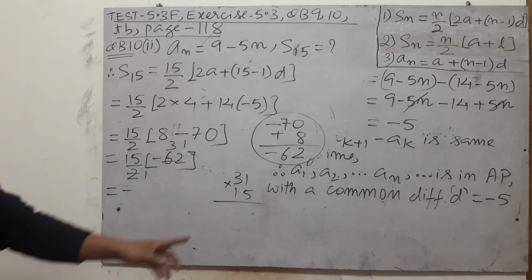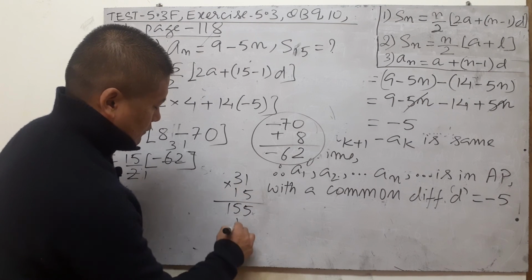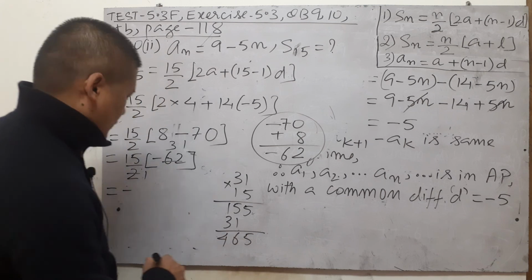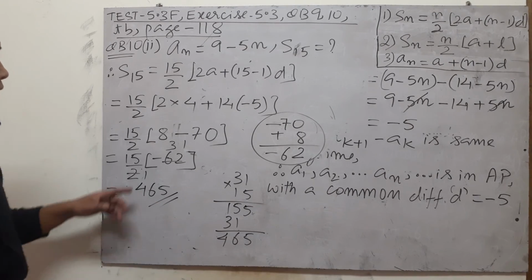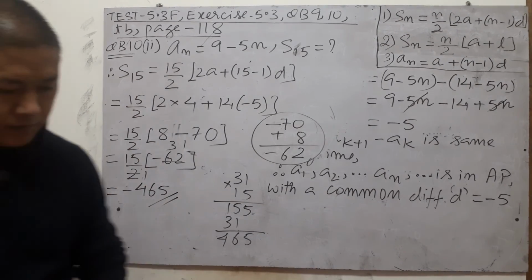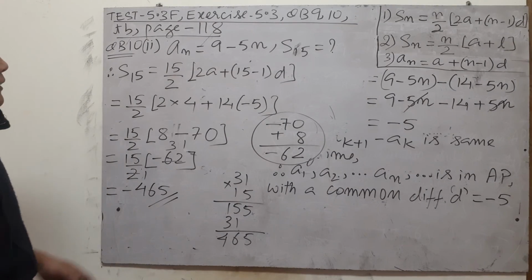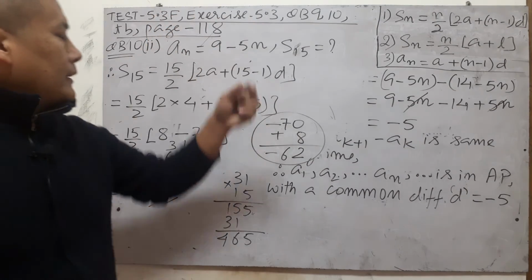Then 5 1s are 5, 5 3s are 15, 1 1s are 1, 1 3s are 3, so 465. So minus 465 is the value of the sum of the first 15 terms. Yes, same as the book answer. Minus 465. That concludes part 4, test 5.3F.